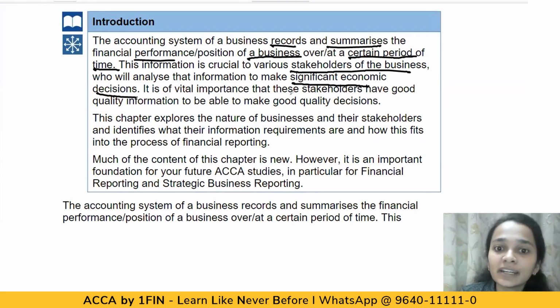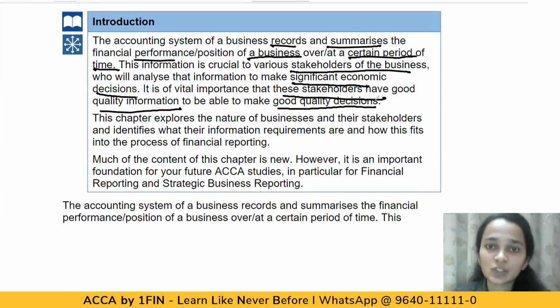So it is of vital importance that these stakeholders have good quality information to be able to make good quality decisions. So good quality information basically means that all the transactions which are recorded shall be presented in a proper manner, so that it is easily understandable by the stakeholders, so that they make a better decision.